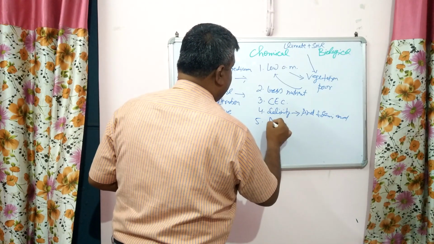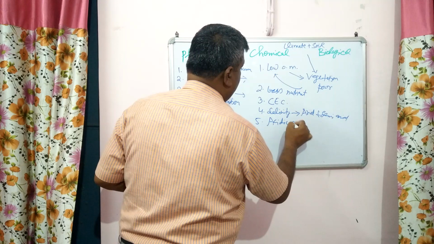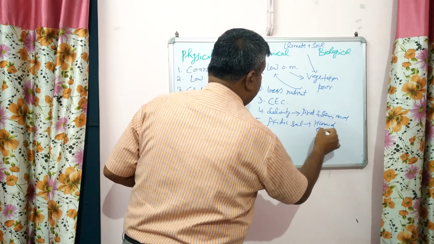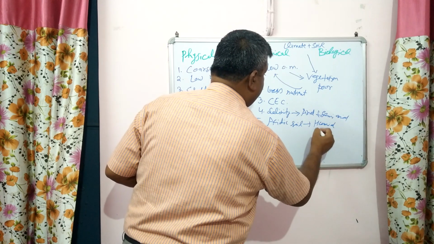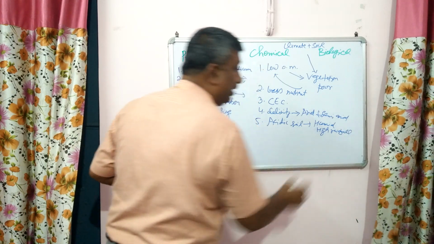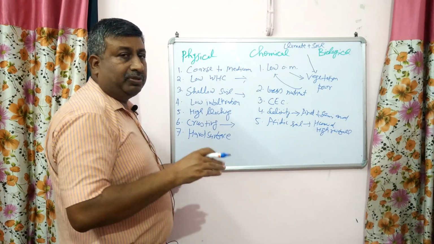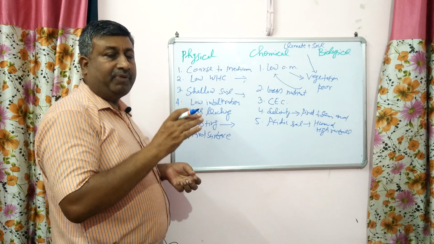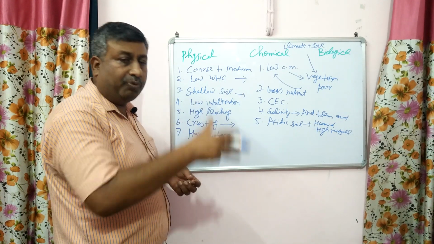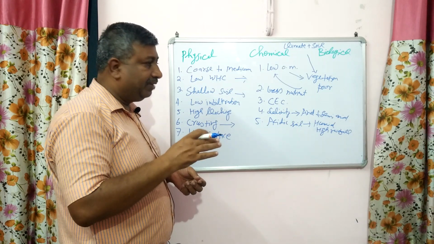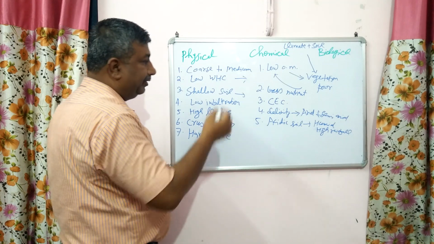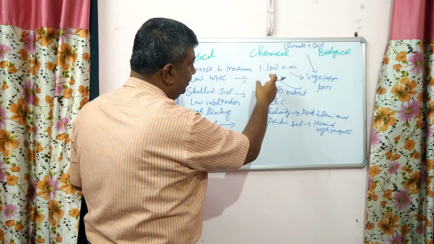Then acidity: acidic soil occurs in humid areas where there is excess rain. Because of high rain, basic cations like calcium and magnesium leach down, and there is a dominance of iron and aluminum, which create acidity when they react with water. So in high rainfall areas, there is leaching of calcium and magnesium and dominance of aluminum and iron.